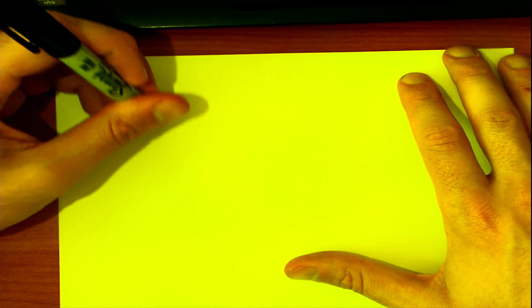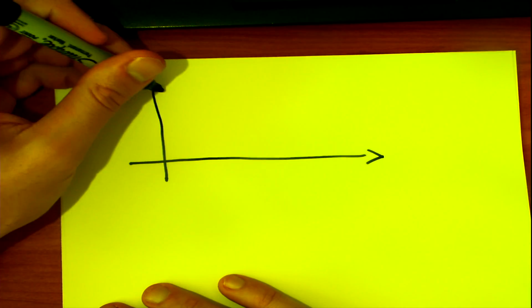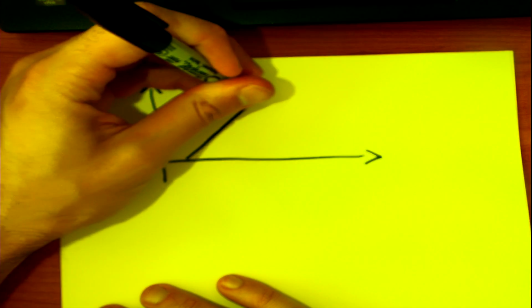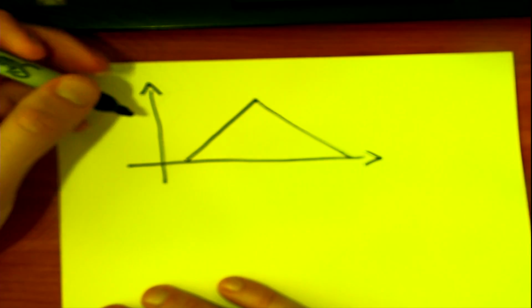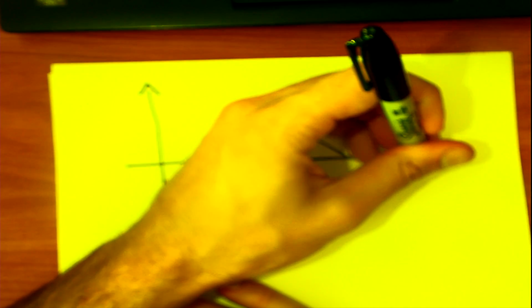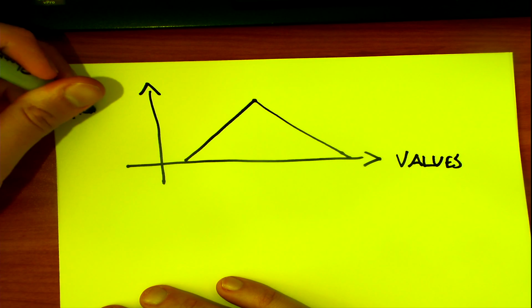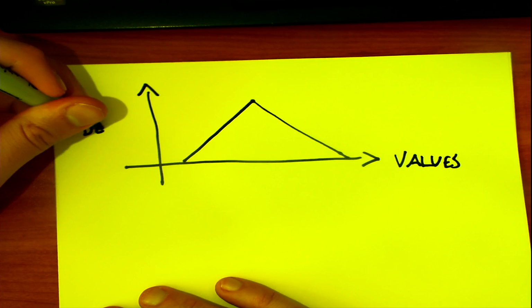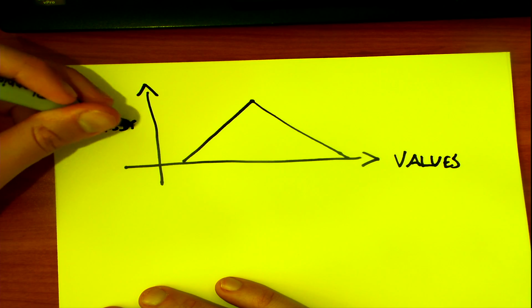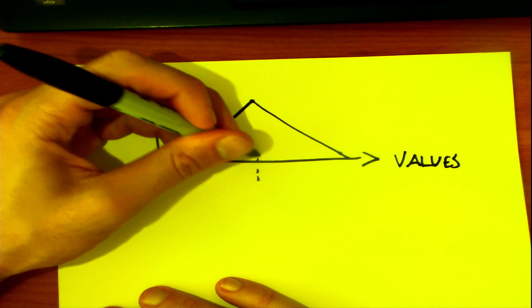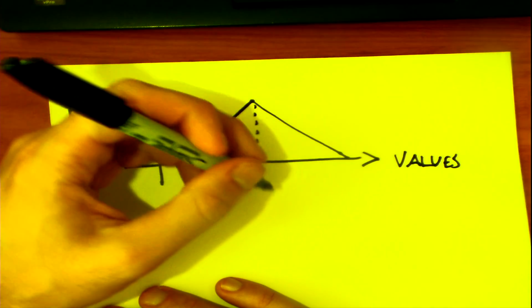We talked about sampling from a triangular distribution. So it's your values axis, it's your probability density axis. This point in the center is what?